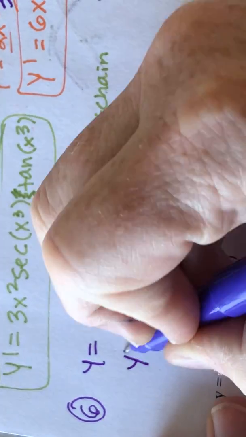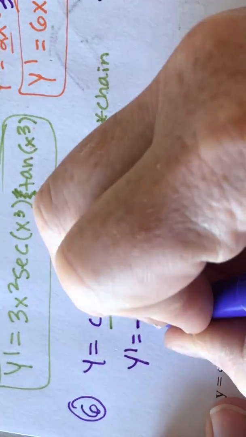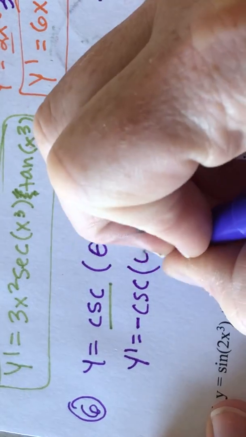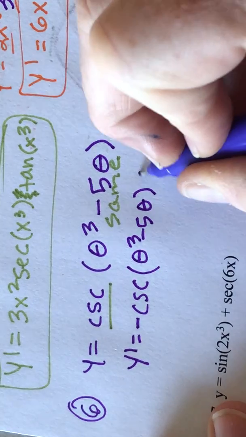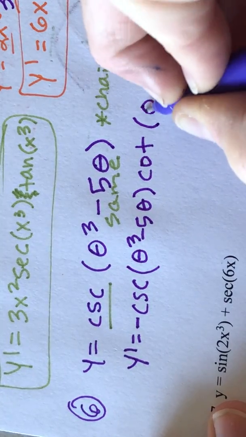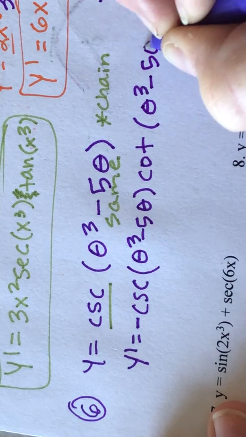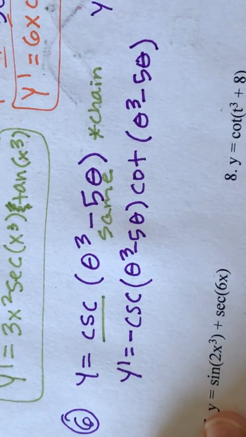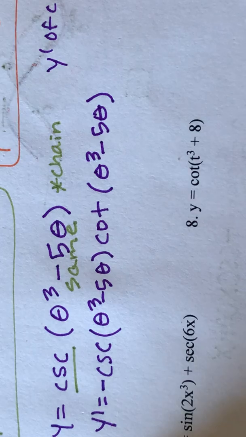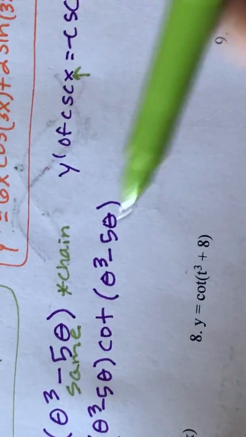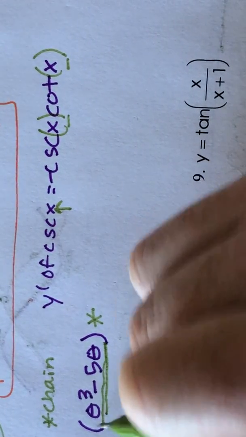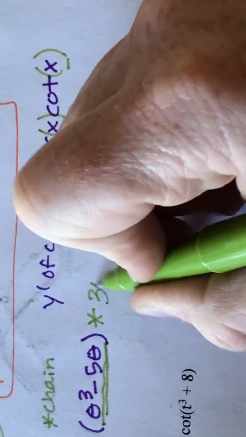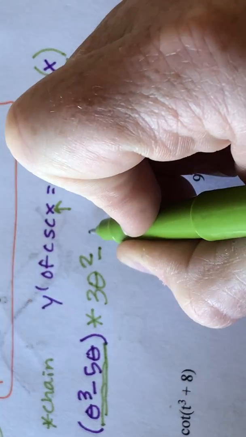Well, y prime equals negative cosecant of theta to the third minus 5 theta cotangent of theta to the third power minus 5 theta. Okay? Then we've got to do times our chain rule. So times the derivative of the inside, which is theta to the third minus 5 theta. That derivative is 3 theta squared minus 5.